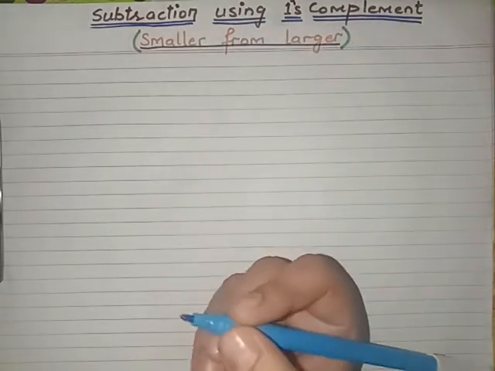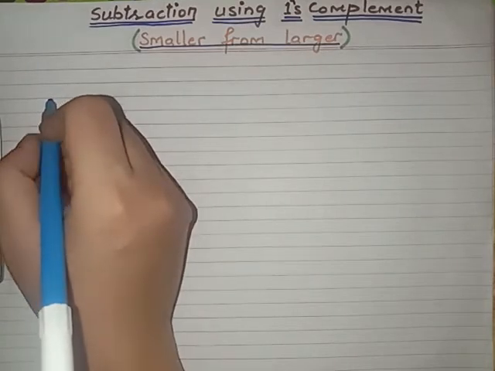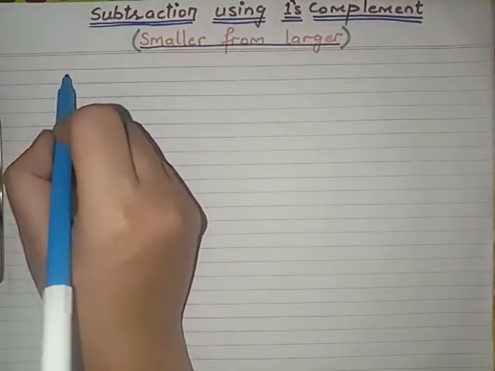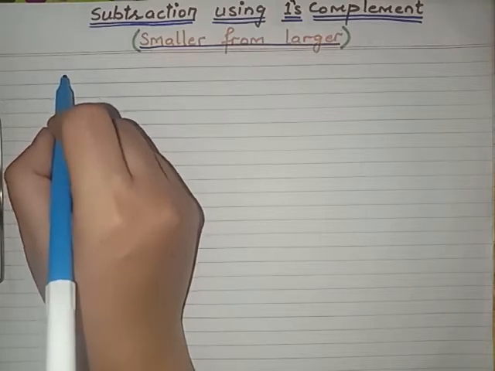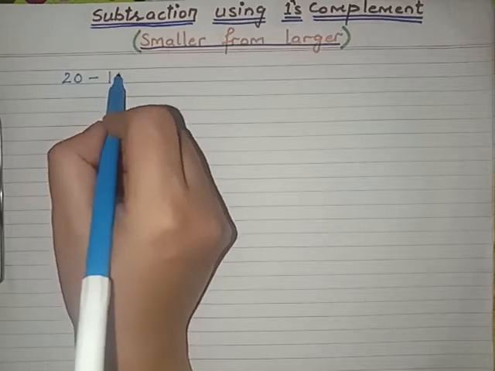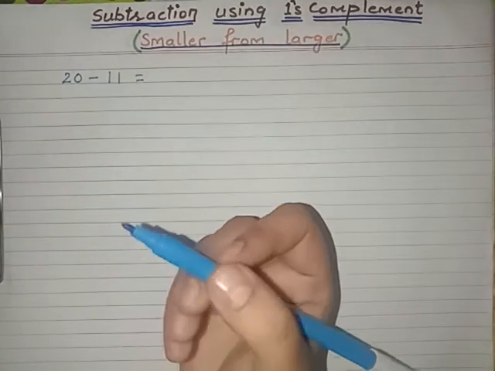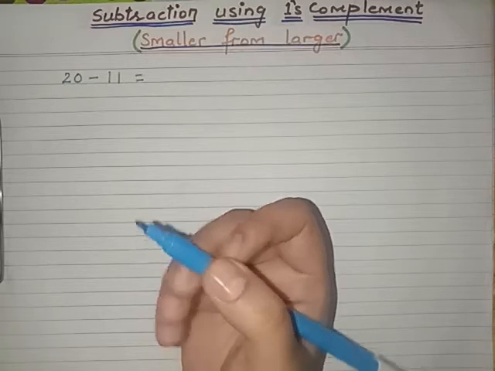So I am just going to take an example. Suppose we have to subtract a number 11 from 20, right? So we have to perform 20 minus 11. First of all, I will be converting these two numbers into binary.